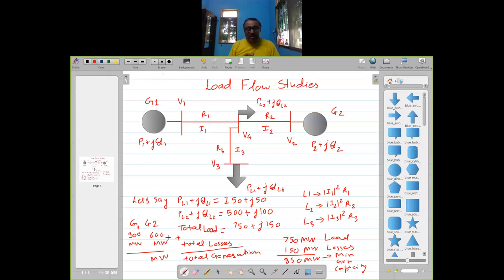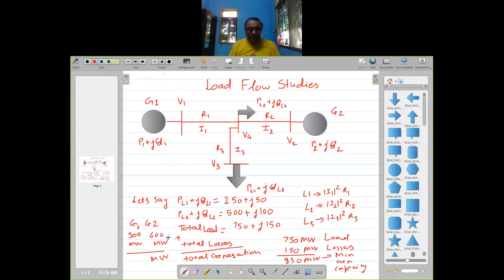That is one combination. Another is the other extreme, that generator G2 is now loaded to maximum, which is 600 megawatt, and 250 megawatt are produced by G1. The third possibility is somewhere between the two, that maybe 500 megawatt are generated by G2, which is well below its capacity, and 250 megawatt generated by G1.